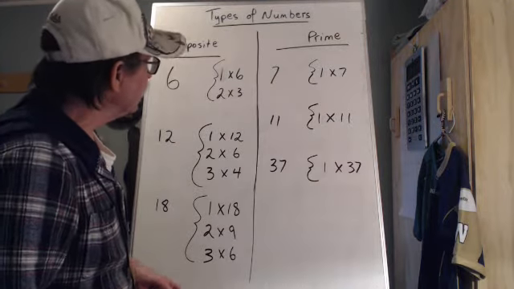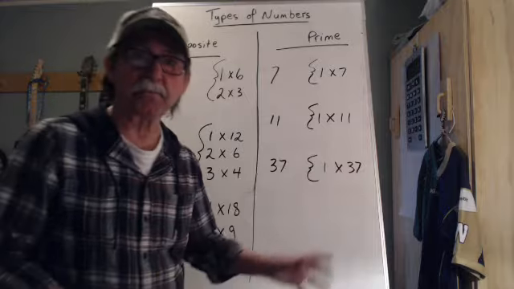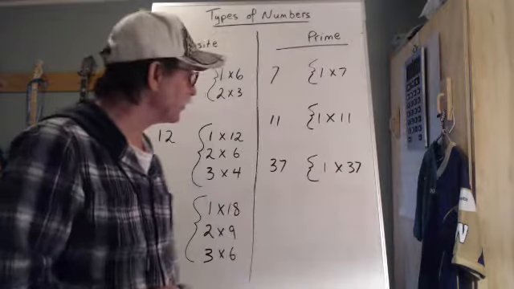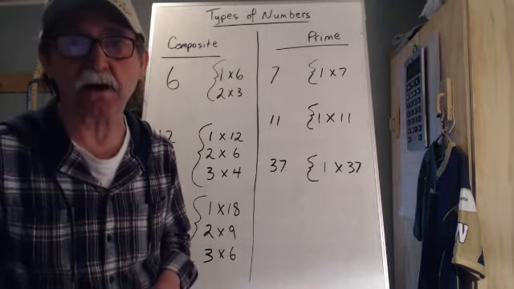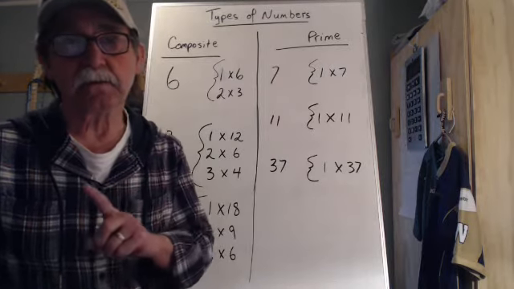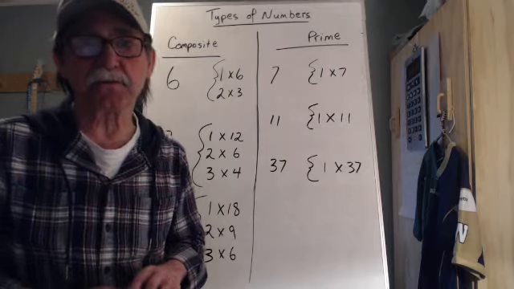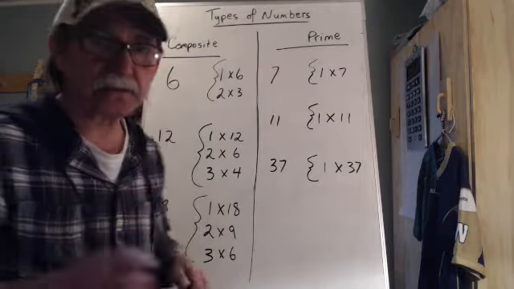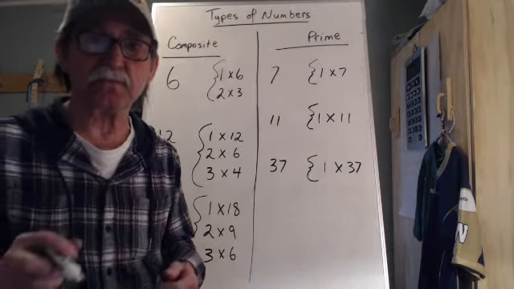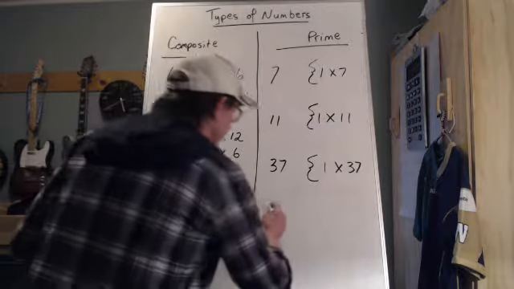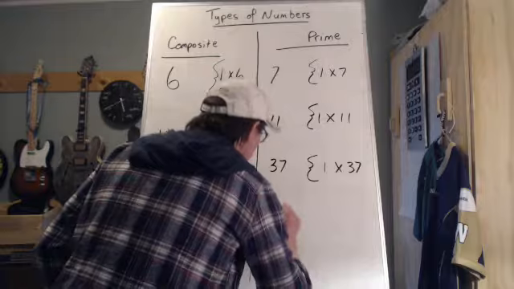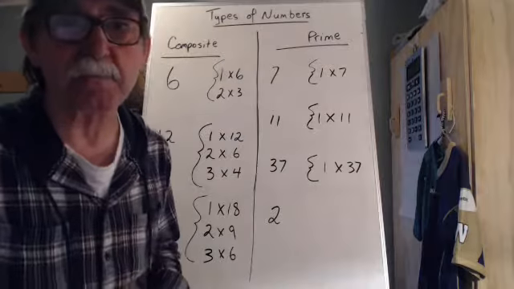Now, if you take a look at all the possible prime numbers and think of prime numbers on your own, you might say, oh, every single prime number is odd. Well, there's an exception to the rule, and that exception is the number 2. So by definition, the number 2 is considered a prime number.